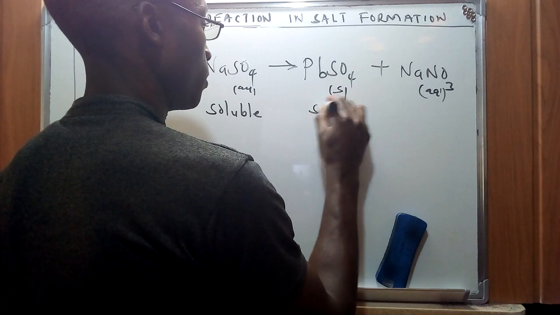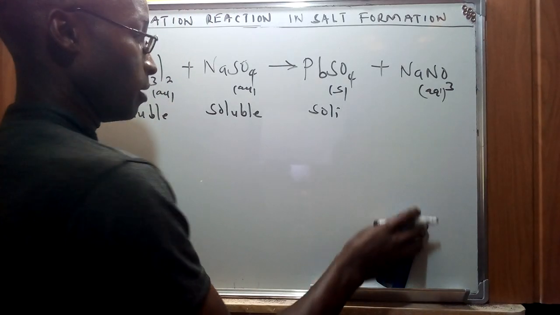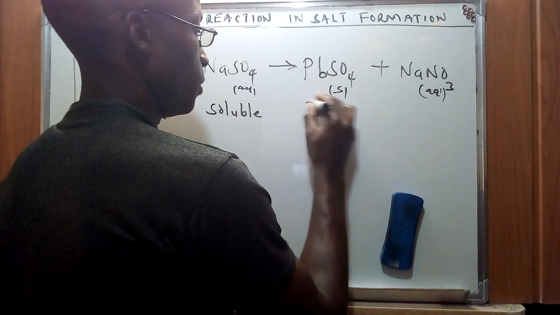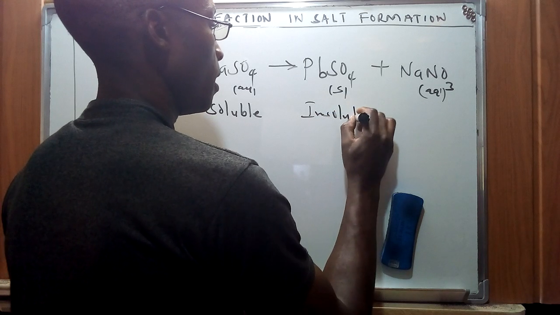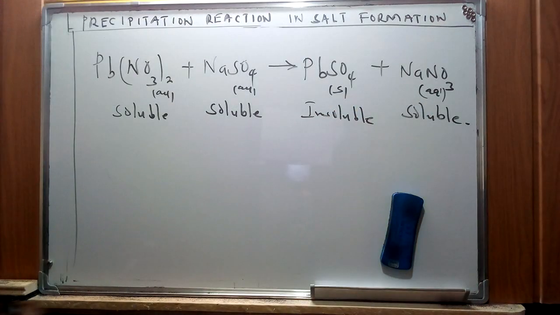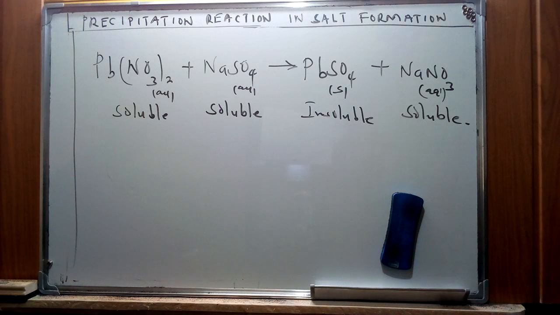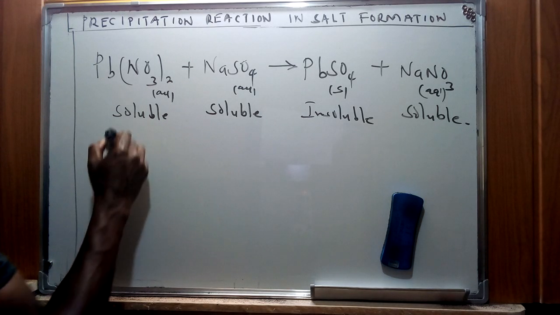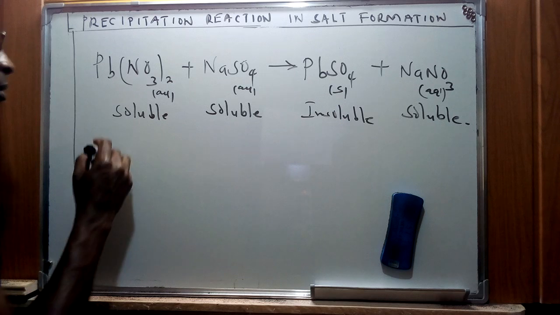This is going to form a solid, an insoluble salt, which we refer to as a precipitate, and this is soluble. So this is one of the examples of a representation for precipitation reactions resulting in the formation of a salt.